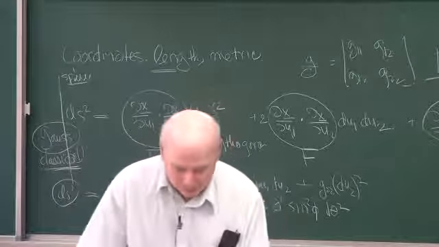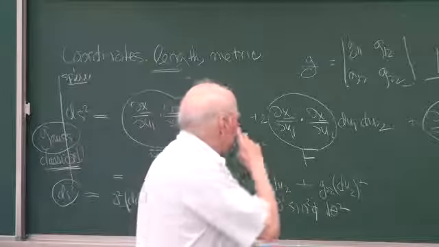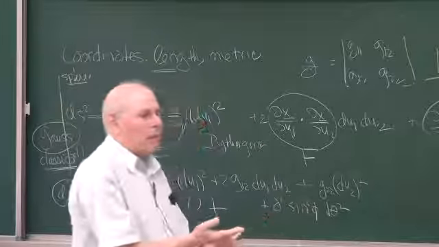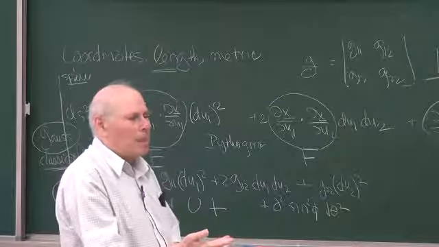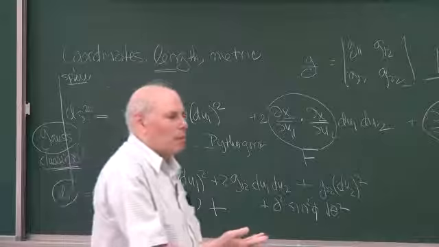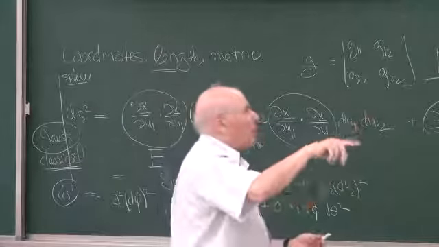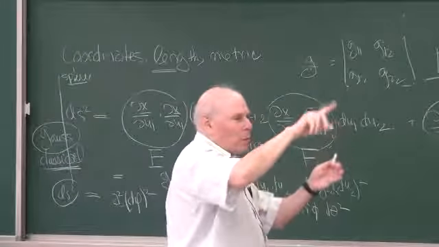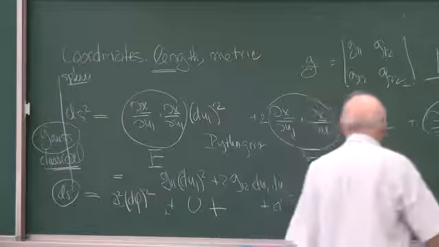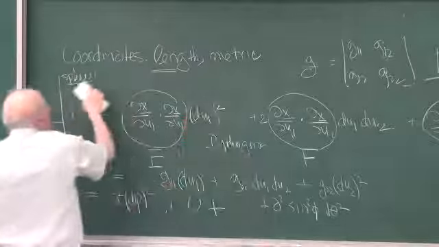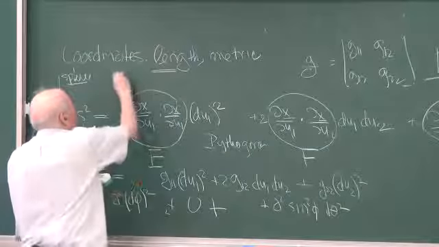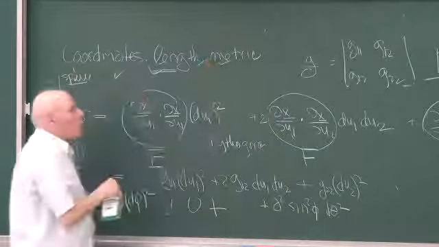So that's the example. Now, I told you that we're missing a factor in front when we do the second fundamental form, the one that corresponded to the 1 plus phi prime squared to the 3 halves in the denominator. So what's the right formula? I did coordinates, length, metric. Oh, what's the metric?